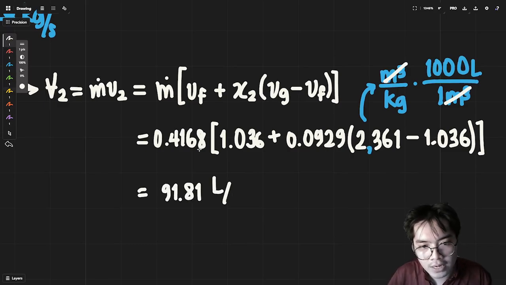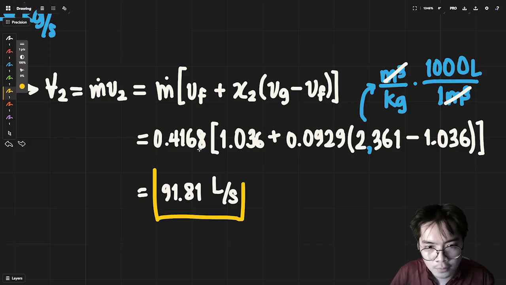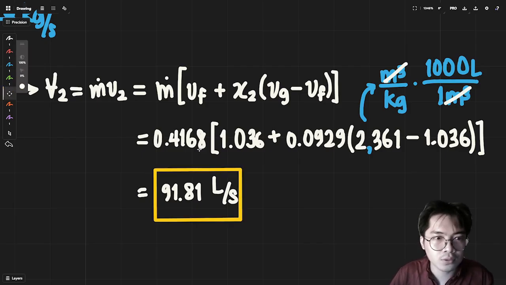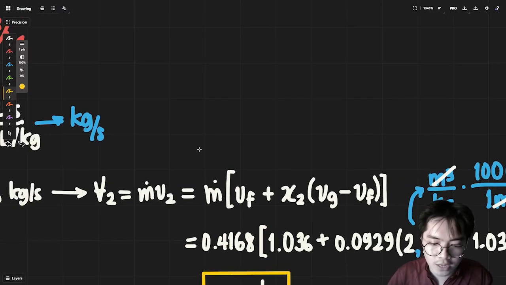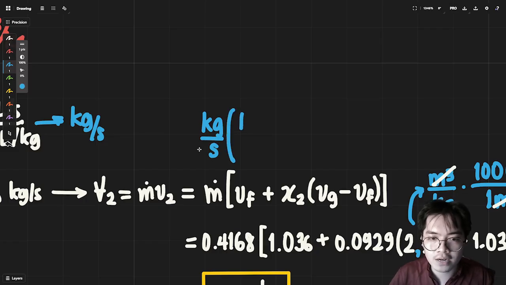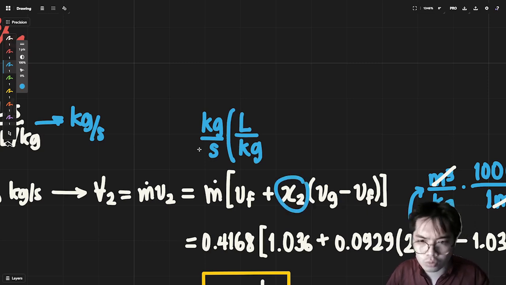91.81 liters per second. And if you want to verify the units, go ahead. To tell you how it's done, your M dot should be in kilogram per second, your VF should be in liter per kilogram, and this X2 is unitless.